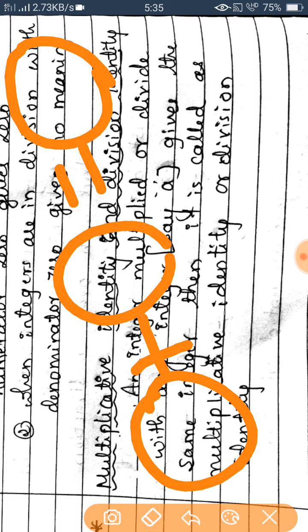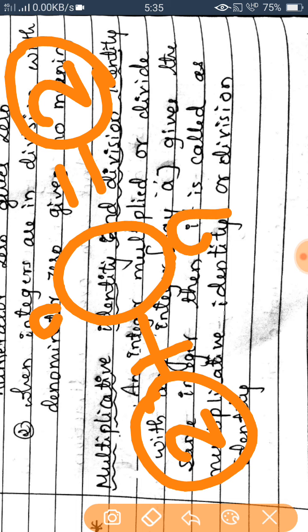If I take 2 as an example, if you add any number to 2, you must get the same 2 itself. Then what is this number? This is the additive identity. By which number if you add to 2, you'll get 2? Is it not 0? So that's why it is the additive identity.